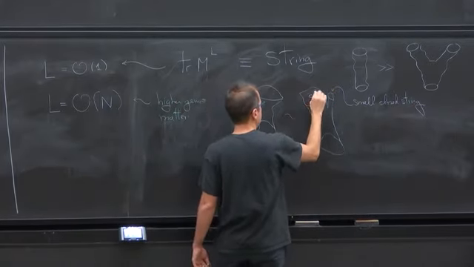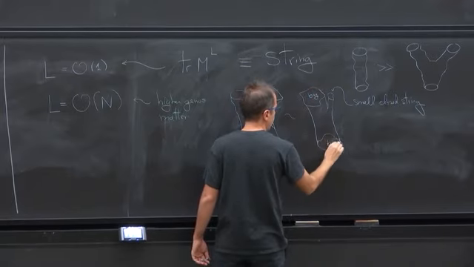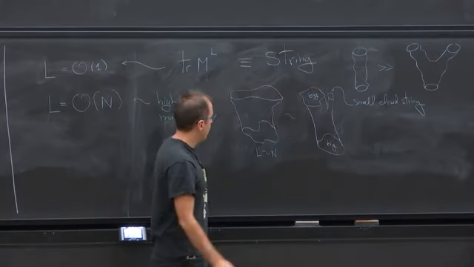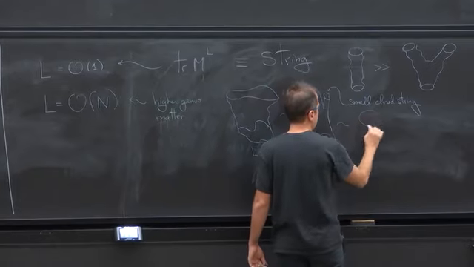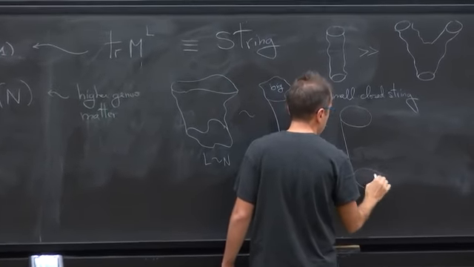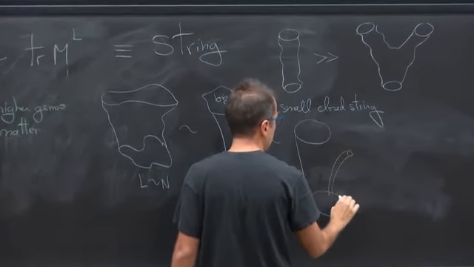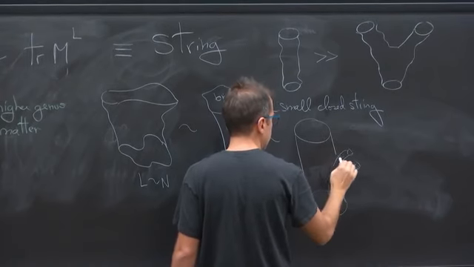Whereas these guys are big, and this is big. And this would be of the same order as the diagram where you emit two small closed strings.